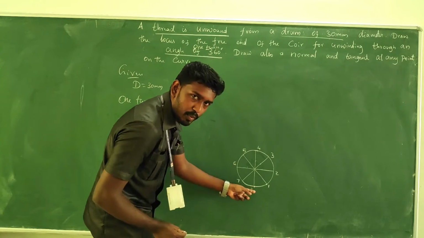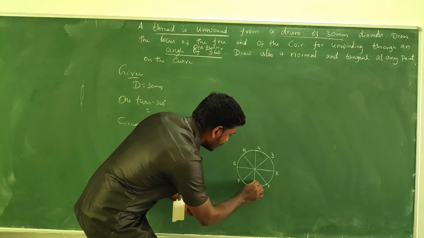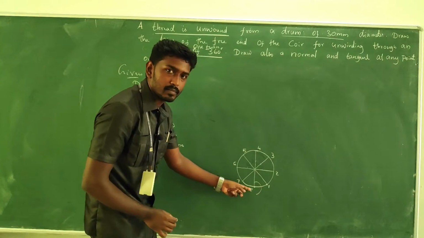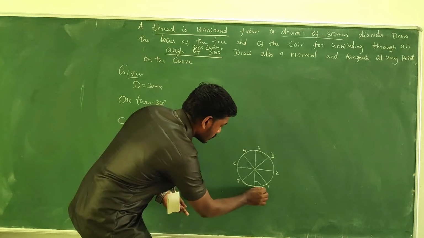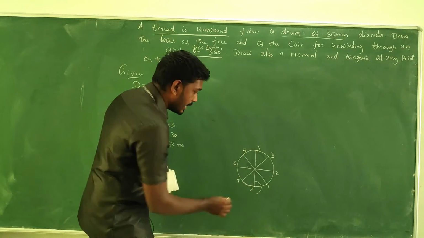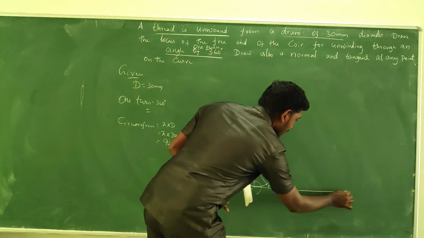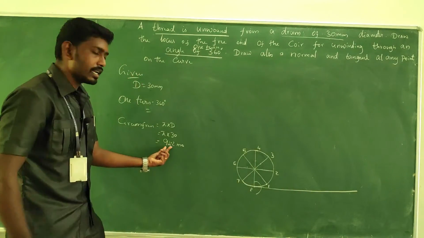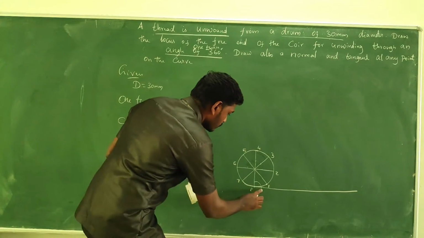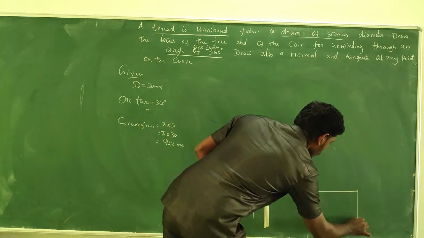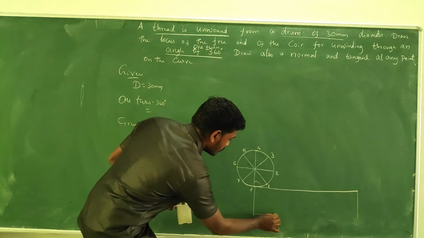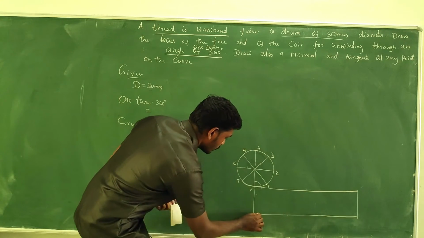From the 8th point, first of all draw the 90 degree line, by keeping your protractor in this manner, and take 90 degree from the 8th point, and this line should measure 94.2. This is a line with 94.2.